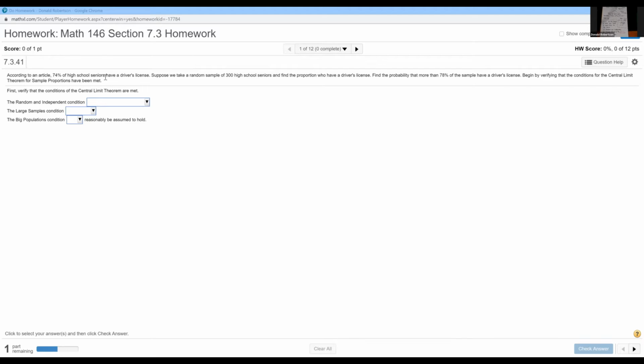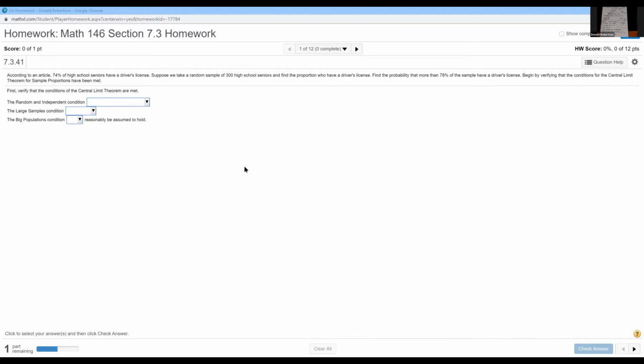So in this story, according to an article, 74% of high school seniors have a driving license. Suppose we take a random sample of 300 of these and find the proportion who have a driver's license. Find the probability that 78% of the sample have a driver license.